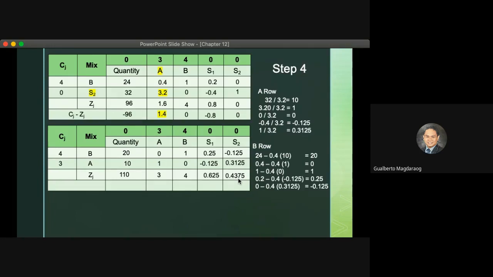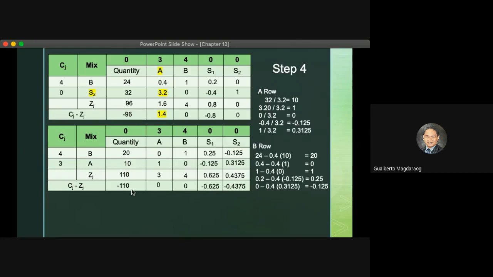Okay, we can now compute for the index row and check whether there is still a positive value in the index row by simply deducting the column heading by the amount in the total income. So 0 minus 110 is negative 110. 3 minus 3 is 0. 4 minus 4 is 0. 0 minus 0.625 is negative 0.625. And 0 minus 0.4375 is negative 0.4375. So at this point, wala na pong positive value in the index row.